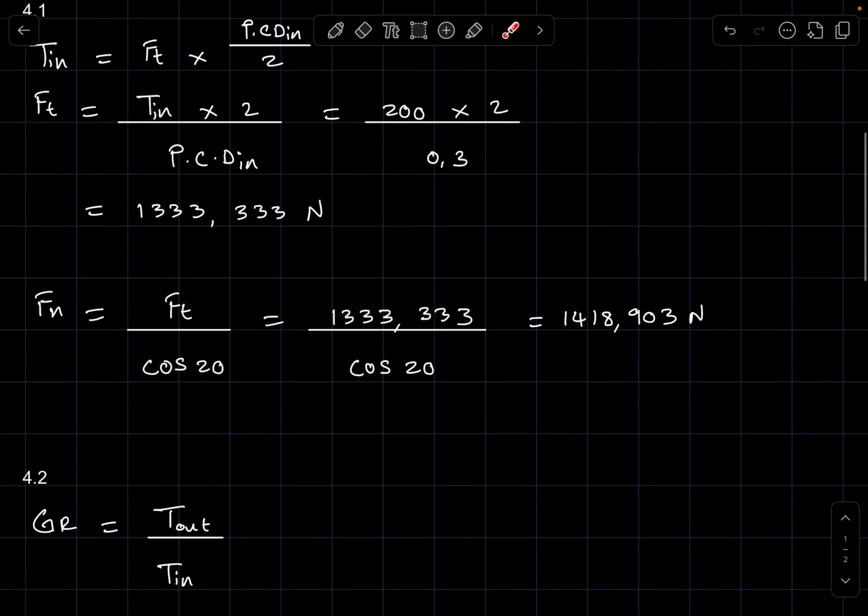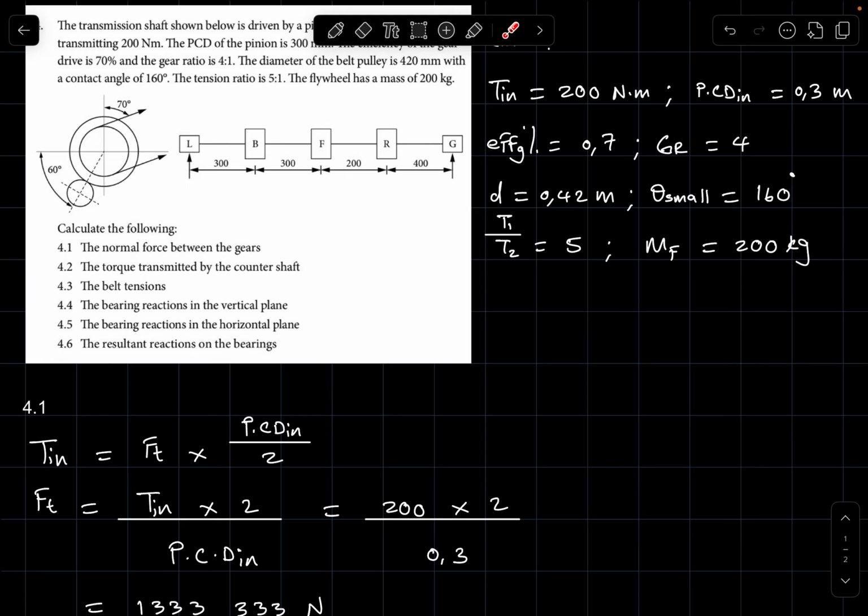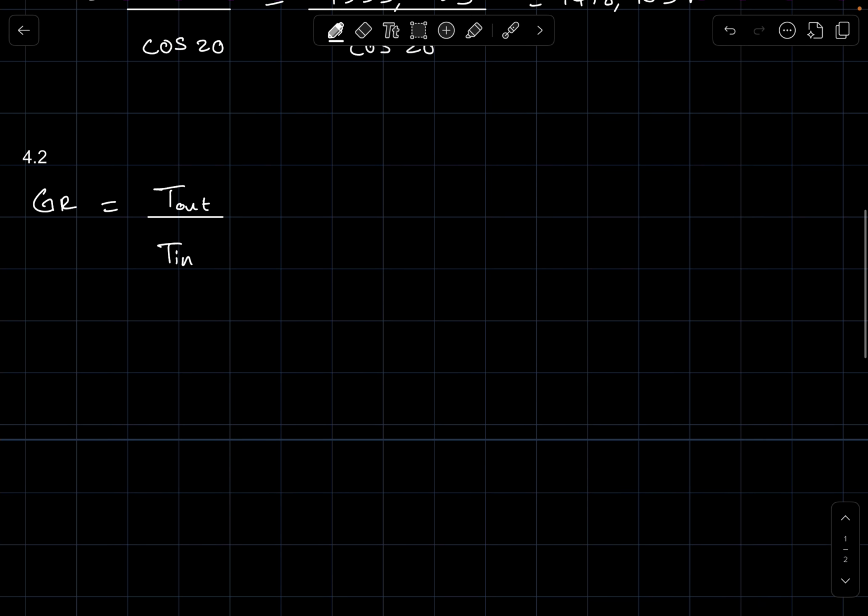Now, clearly here, our gearing system is not 100% efficient. So also taking into consideration the efficiency, you take that efficiency and multiply it to T in. This you should already know from having dealt with gear systems in N4 as well as in N5.